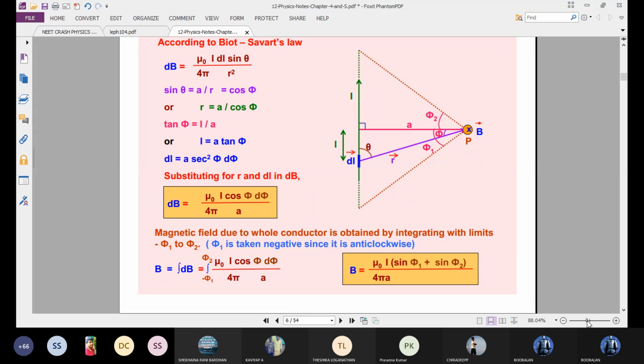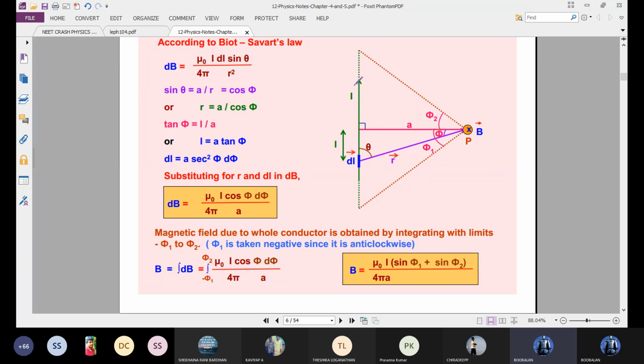Derivation: dB formula, r formula, tan formula, next dl formula. Applying for the entire conductor, pi 1 and pi 2. Why are we taking pi 1 as negative? It means it is in the anti-clockwise direction.